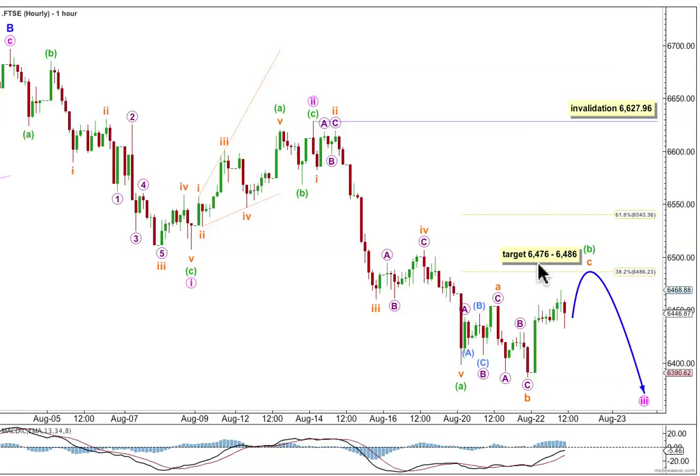At 6476, subminuette wave C within this expanded flat would reach 1.618 the length of subminuette wave A, and at 6486, minuette wave B would reach the 0.2382 Fibonacci ratio of minuette wave A. So after a wee bit more upwards movement, I'd look for more downwards movement and a 5-wave structure down to make a new low below this point over the next week for the FTSE.